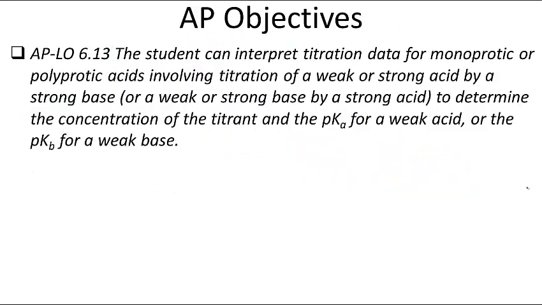Okay. 6.13, the student can interpret titration data for monoprotic or polyprotic acids involving titration of a weak or a strong acid by strong base, or a weak or strong base by strong acid, to determine the concentration of titrant and the pKa for the weak acid or the pKa for the weak base. All right. To determine the concentration, where do we go? The equivalence point.